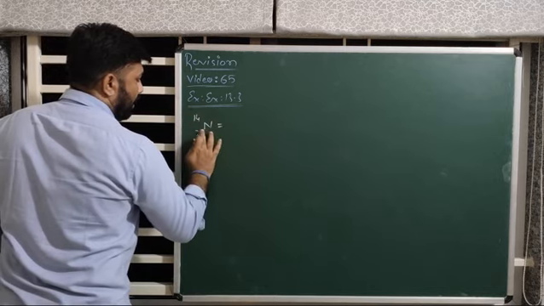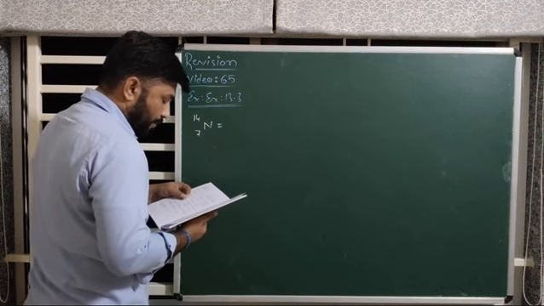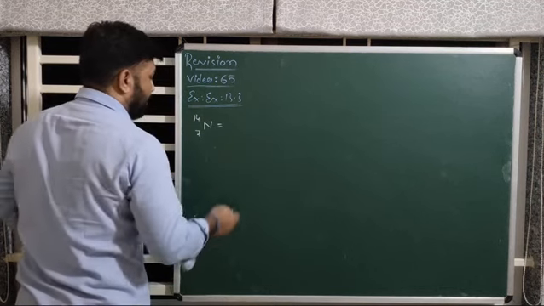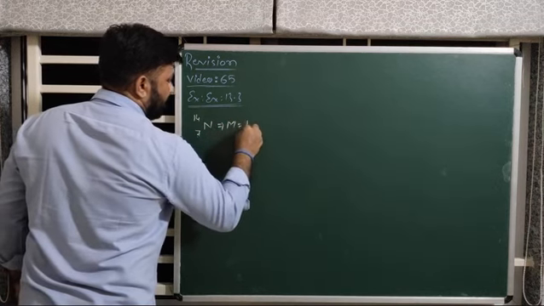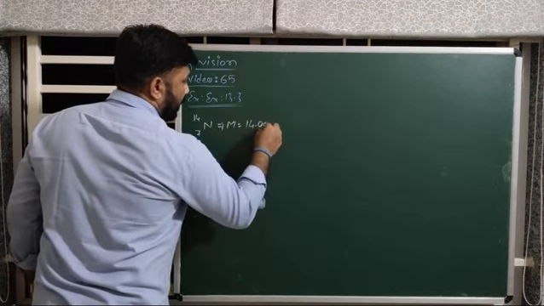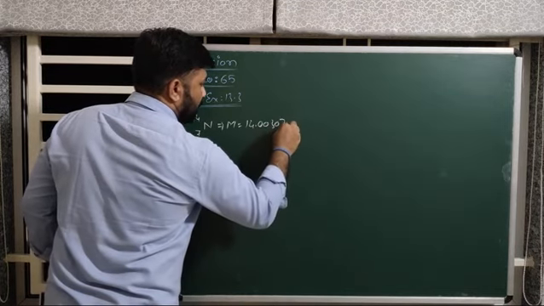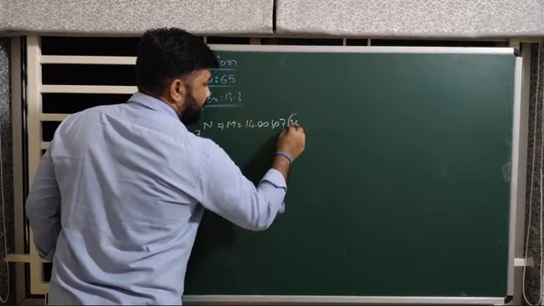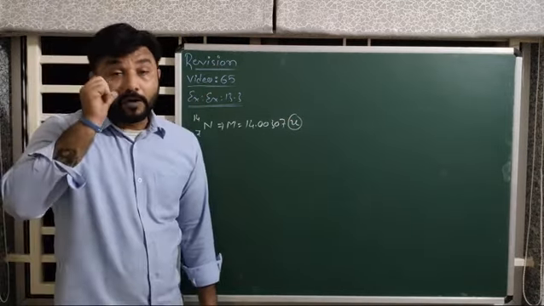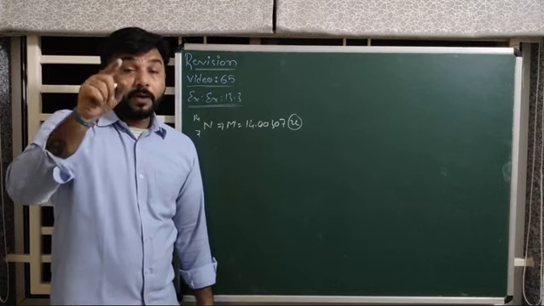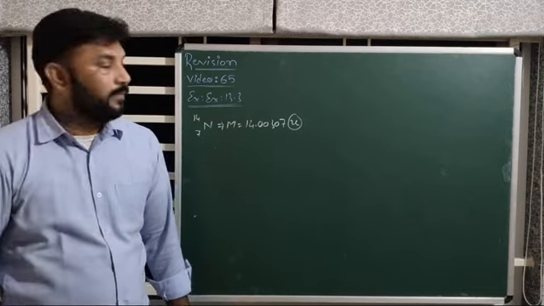Its mass is given, that is M is equal to 14.00307 U. What is U? U is the atomic mass unit. What is the definition of U? 1/12 part of an unexcited carbon atom.